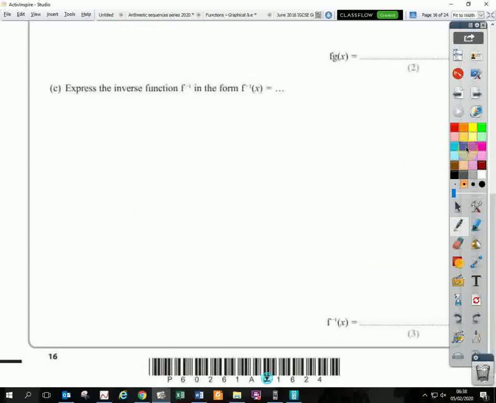Express the inverse function. So a few stages to this. What we'll do to begin with is replace the f of x with y. So we'll rewrite this as y equals x over 4x minus 3. Some teachers will now say to rearrange this to make x the subject and then interchange your x and y.